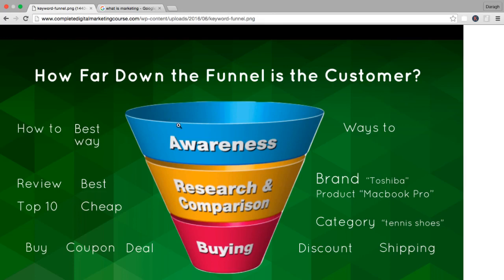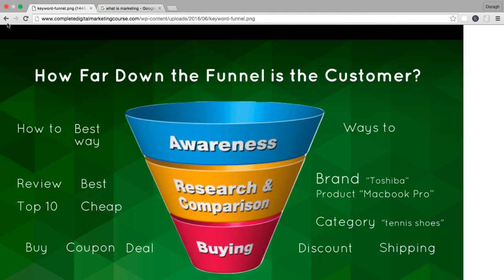What you want to be thinking about from the start is getting those people who are at the end of the buying funnel, they're ready to buy, and think about the keywords that those types of customers are searching for, because they're really going to be your best customers. They're ready to buy, and if you can get to the top of the search results for those keywords, you're going to have much better conversions.